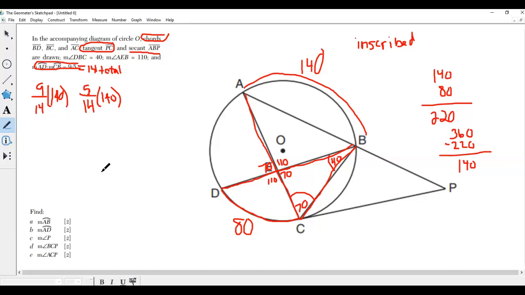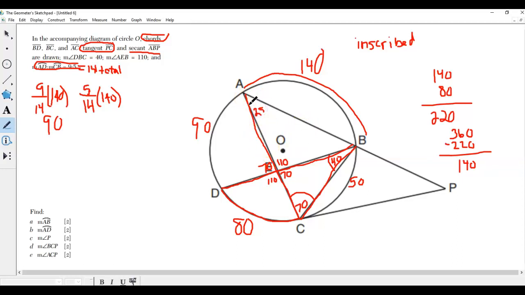Now what that does is it gives me more arcs, and I can find angles that these back up to. The 50 right here backs up to this angle right here, so this angle has to be 20. Okay? I see a lot of triangles going on right here, and there's 180 degrees in a triangle. Or I can take the 90 and back it up. This would be 45.